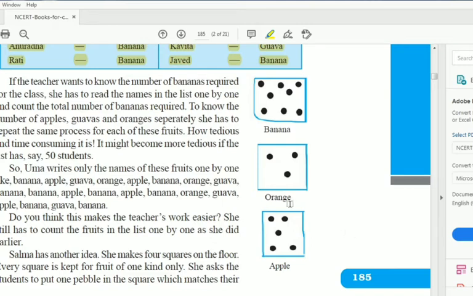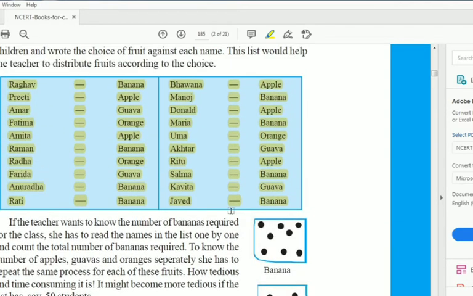Look here. How many students like banana? Raghav, then Raman, then Anuradha, Rati. Here are the 4 students, and here Manoj the 5th one, Maria 6th, Salma 7th and Javed 8th.